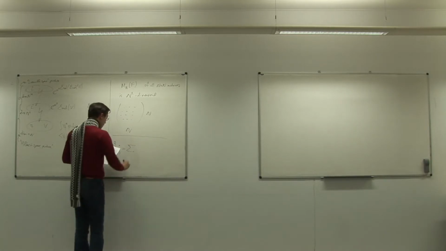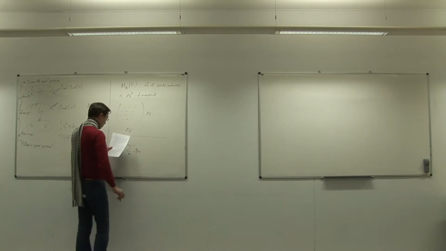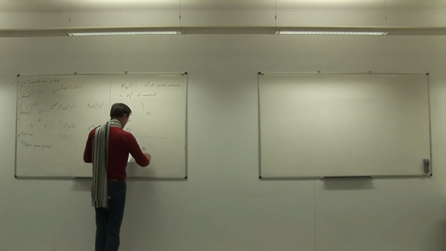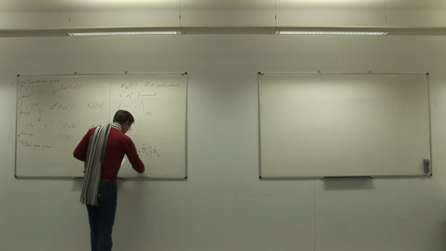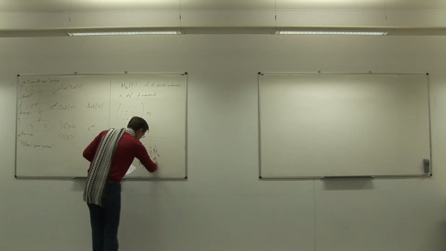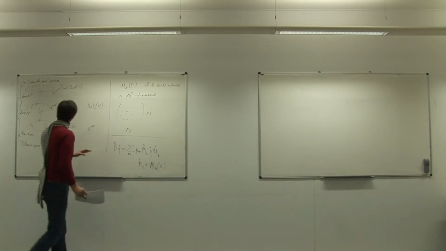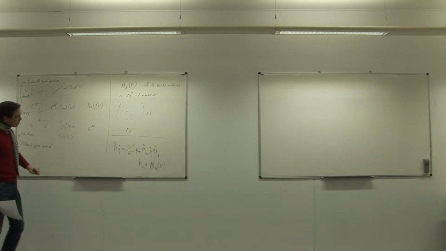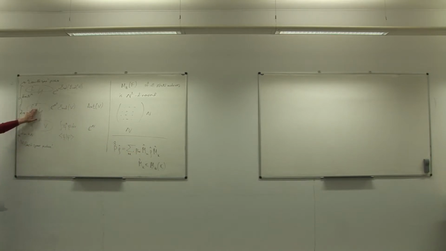It will be a sum over n, k, p_nk, where this is a complex number, m_n rho m_k, where these matrices m_k belong to the space M and c.